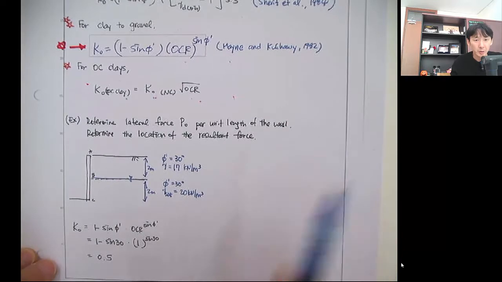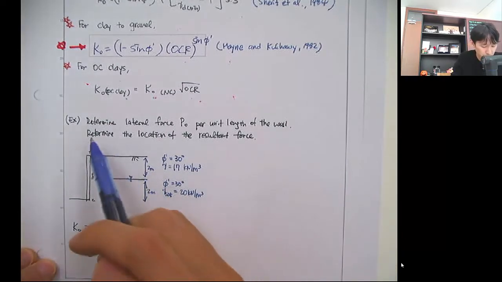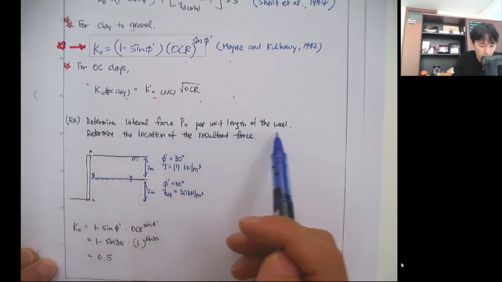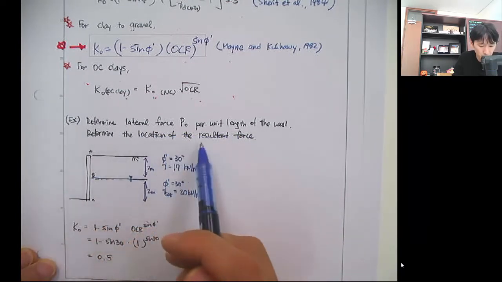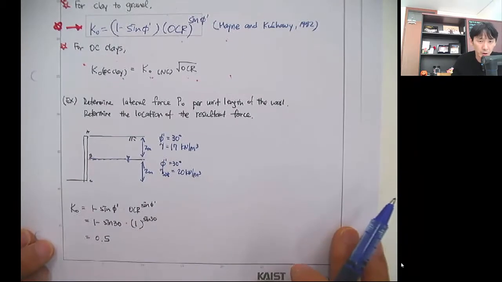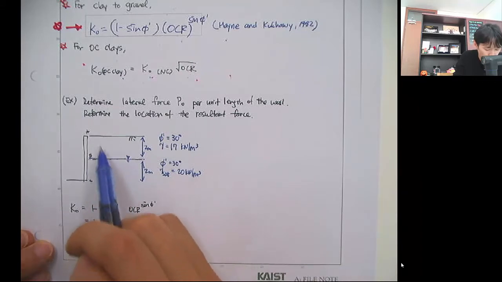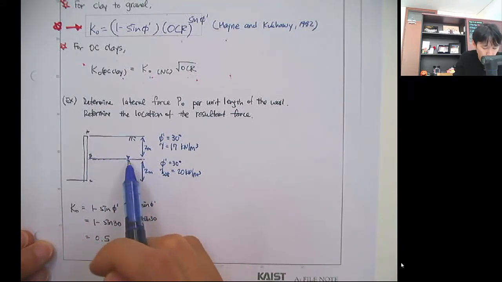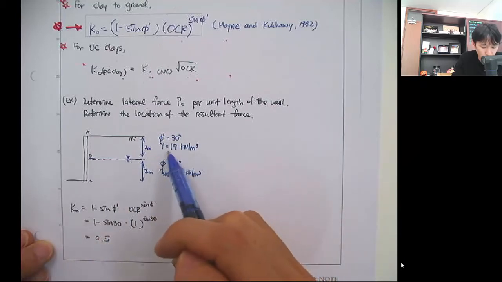So there are some examples that require you to calculate the lateral force P0 per unit length of the wall and determine the location of the resultant force in this configuration. So here you have one soil, but because of the water table, you have a different total density.